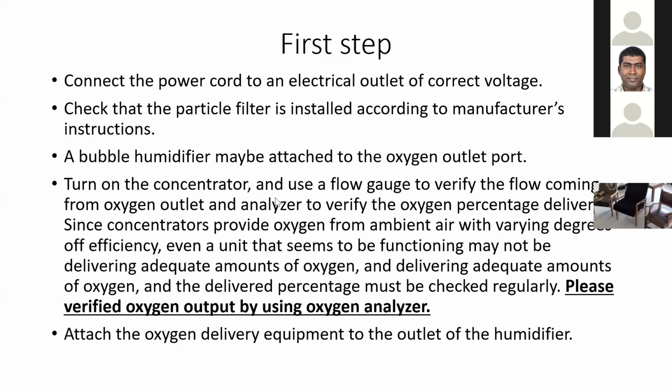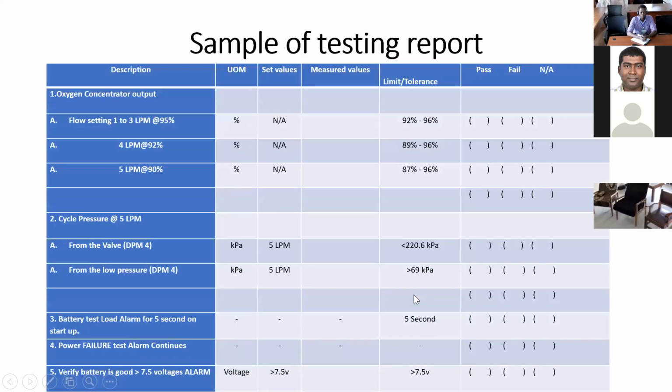That may be due to low oxygen or maybe low flow, low pressure flow. You can get this type of buzzer. So the best thing is to verify the oxygen output using an oxygen analyzer. Check if the percentage is good enough, then you can use it. If not, you need to check.